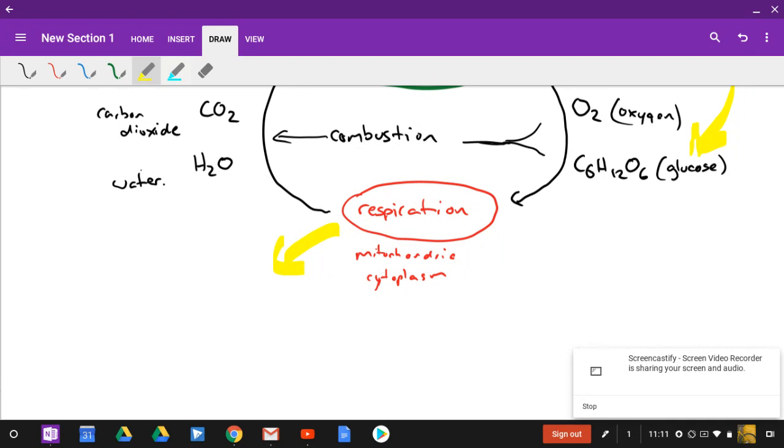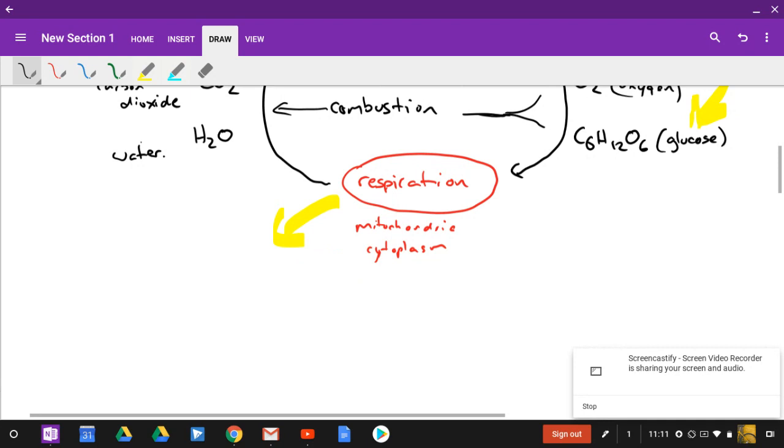But there's another hidden cycle that happens here. When you do respiration in your cells to release the energy from sugars into life processes, it doesn't go directly to life processes. There's another miniature cycle in here, okay? And this is the ATP, ADP cycle, all right?